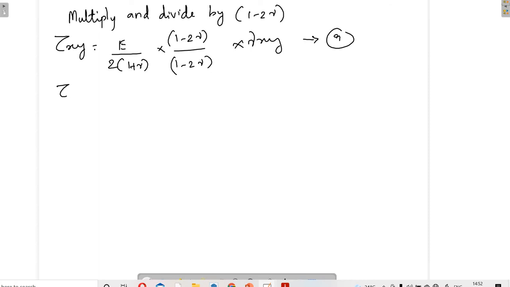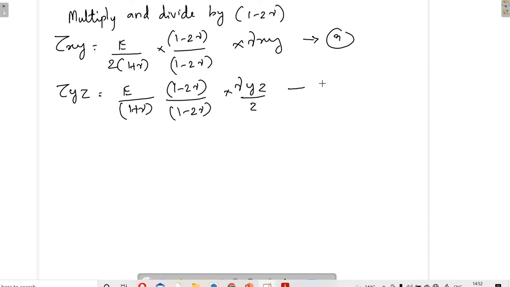So we can write for the remaining terms, slightly modified: E divided by (1 plus nu)(1 minus 2 nu), divided by (1 minus 2 nu), times gamma yz by 2. So I am bringing this 2 to the last.